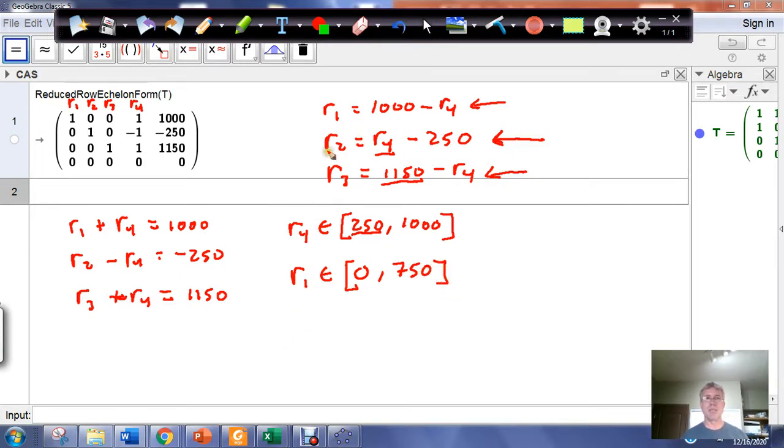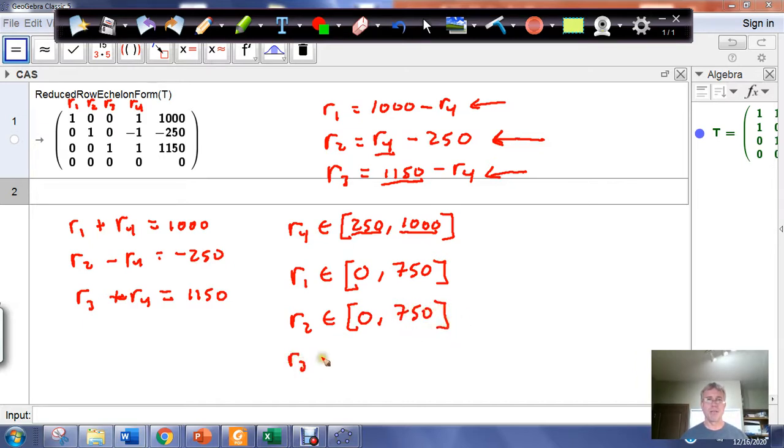And then we can make the same analyses for the other two roads. Road 2, where can it range? Well, the smallest it's going to be is if we have road 4 at 250, we'll have a flow rate of 0. And the biggest it will be is if the flow rate on road 4 is 1,000, we'll get 1,000 minus 250 is 750 cars per hour.